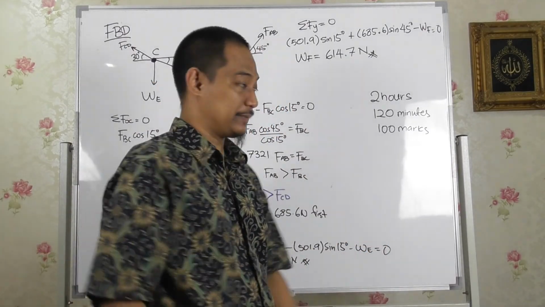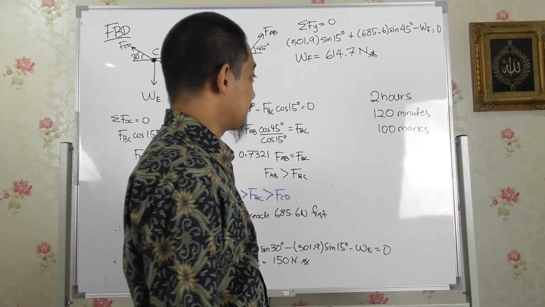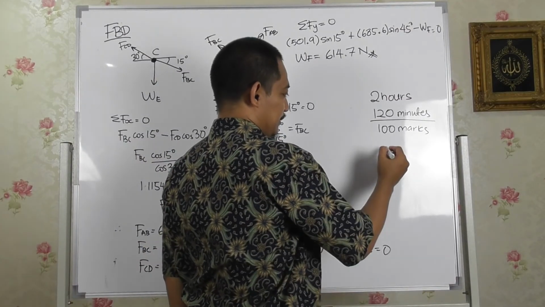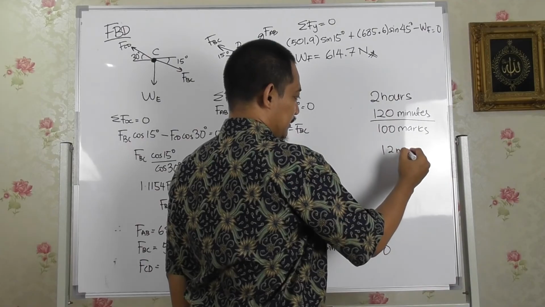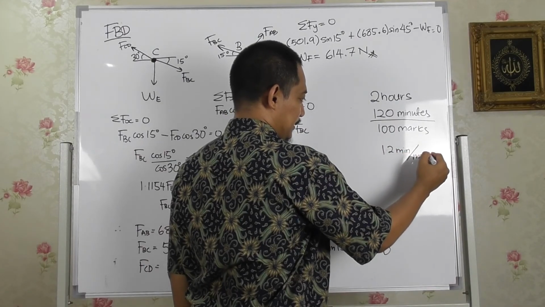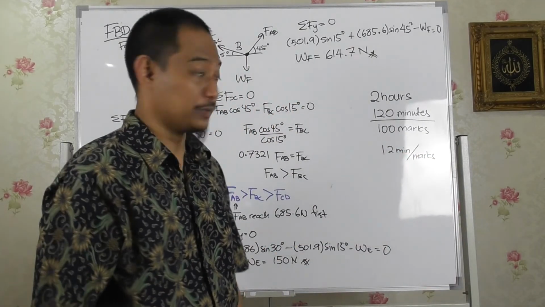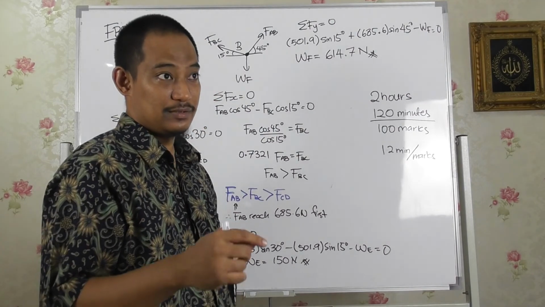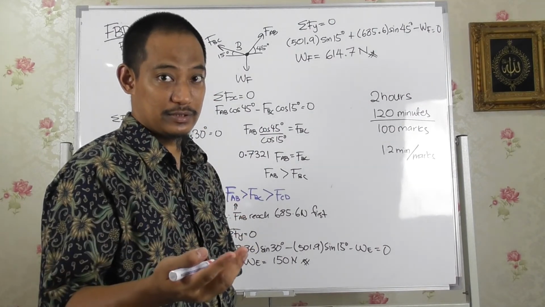So if you divide, you get roughly 1.2 minutes per mark, if you understand the ratio. Meaning for each mark, 1.2 minutes is allocated.